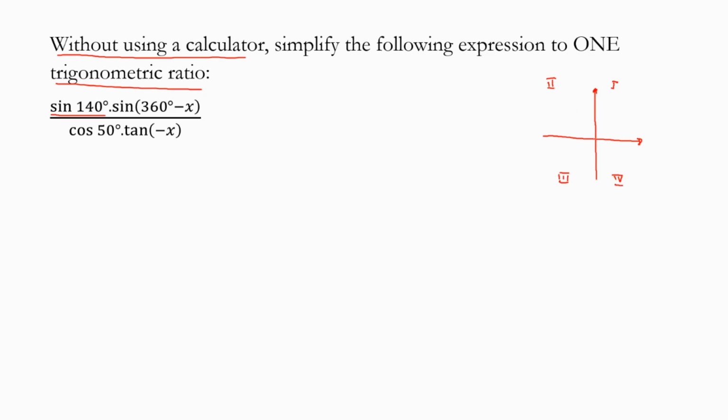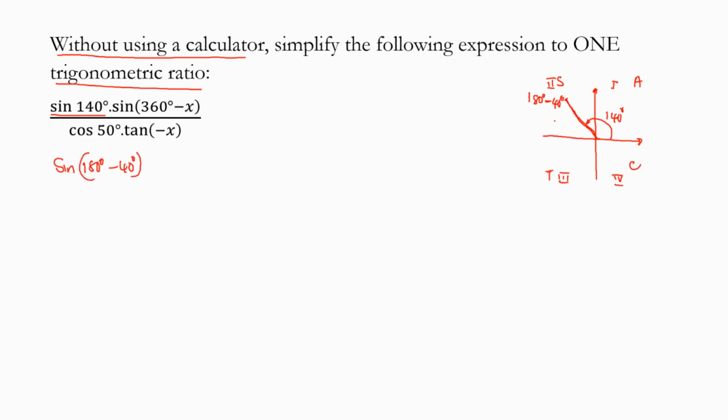Right, so 140 is in the second quadrant. This is 140 degrees. And then in the second quadrant, this is like 180 degrees minus 40 degrees. So we have sine 180 degrees minus 40 degrees.